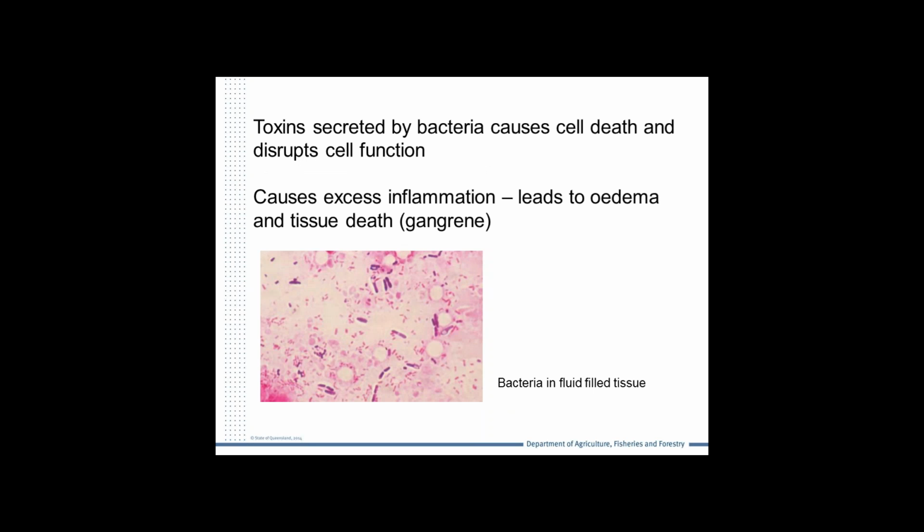The Clostridial toxins cause local and systemic signs, and often result in death. The toxins secreted by the bacteria cause cell death and disrupt cell function, and that leads to excessive inflammation, which leads to the edema and tissue death.